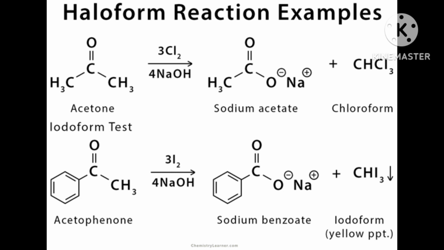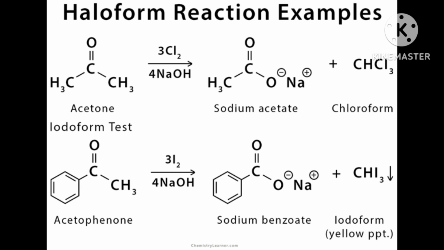That is the condition: they must have at least one methyl group linked to the carbonyl carbon atom. These methyl ketones are oxidized by sodium hypohalite, and it will give sodium salts of the corresponding carboxylic acids having one carbon atom less than that of the carbonyl compounds.